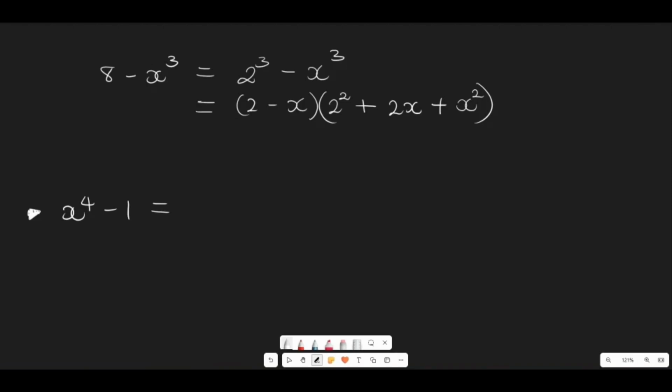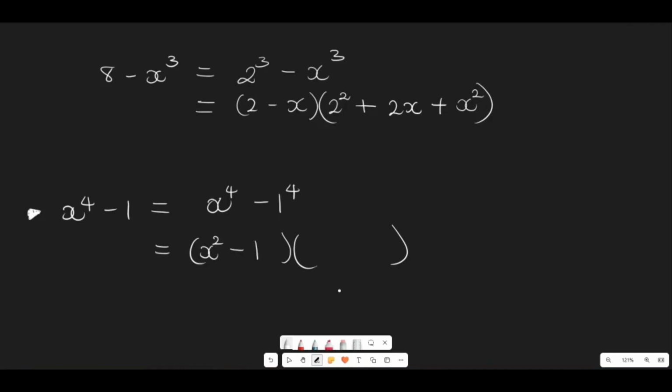Okay, so what I think is that we've got x to the power 4 minus 1. And since 1 can always be written as 1 to the power of any number, we're going to say x to the power 4 minus 1 to the power 4. Then we're going to say equal to, and open 2 brackets. On the first bracket, we're going to say x squared minus 1.